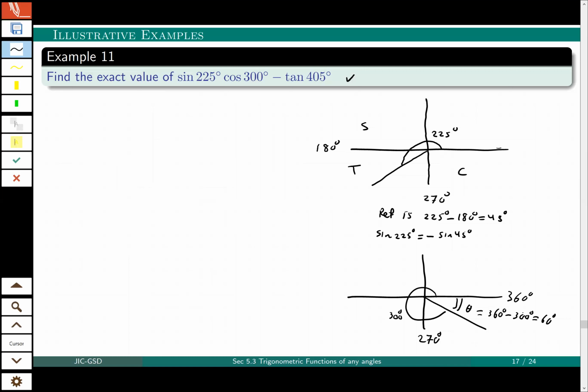So regarding STC, what he gave me cosine, so I will say cosine 300. In the fourth quadrant, cosine is positive, so it will be plus cosine 60 degrees. The third angle, we said 405 is coterminal.